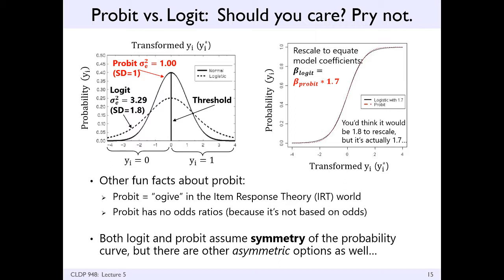So you have to know what you're looking at to know what scale it is to interpret the estimates. But all the models are trying to predict some kind of transformed response that is continuous and unbounded, that when back transformed into probability behaves like it's supposed to.